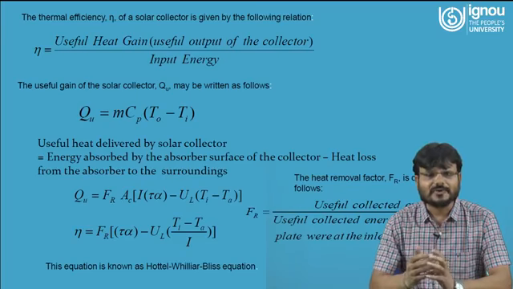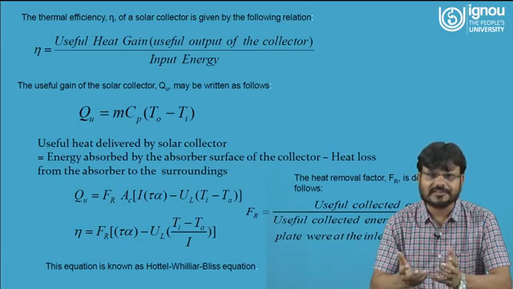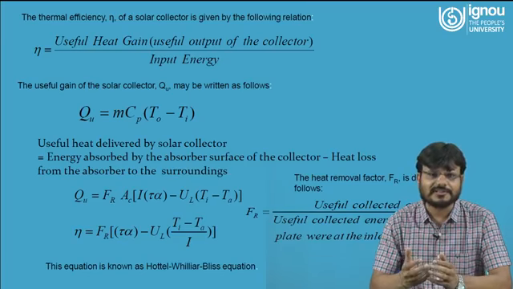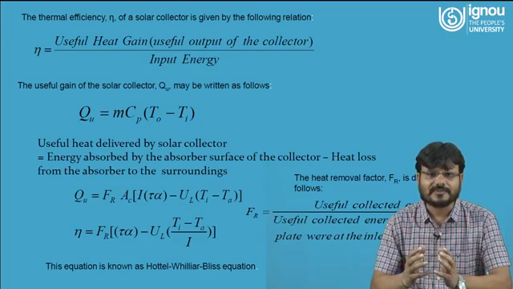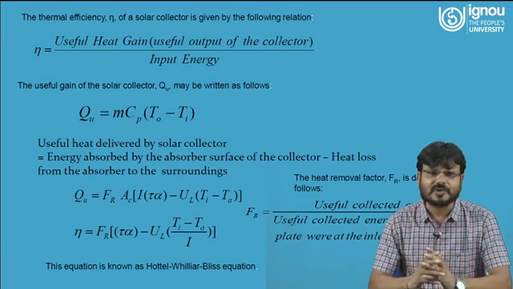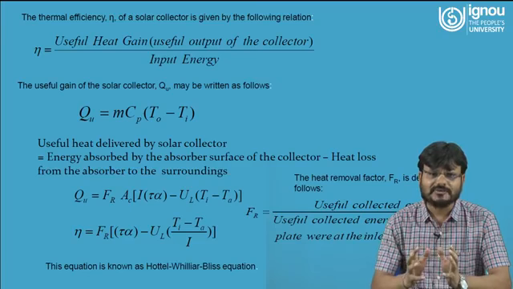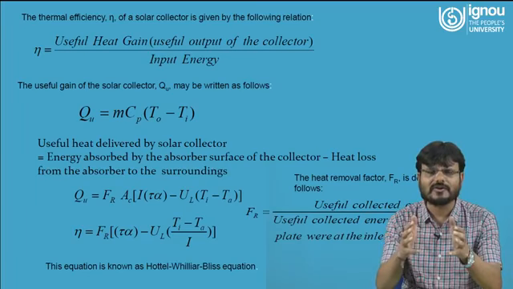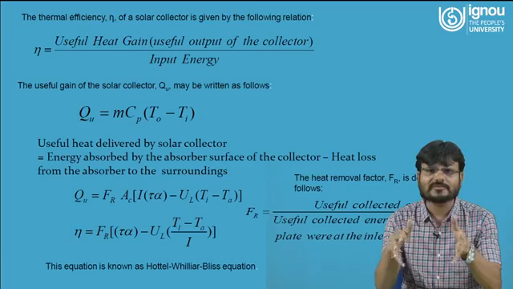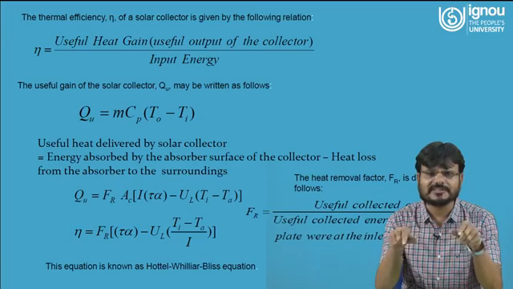Now what is the input energy? Input energy is solar energy, and you can calculate it like this: suppose the intensity of solar energy is I_T, whose unit is watt per meter square, and this solar radiation is incident on the cover of the glass. That means you have to consider the area of that particular cover.